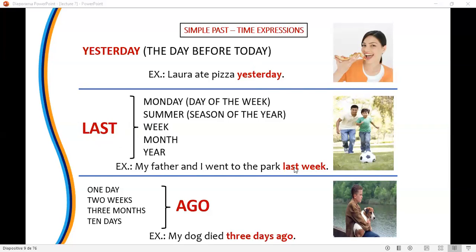Here, last week is the time expression that indicates the simple past. Now we have ago. Examples: 1 day ago, 2 weeks ago, 3 months ago, 10 days ago. Example: my dog died 3 days ago. Okay, let's move on.